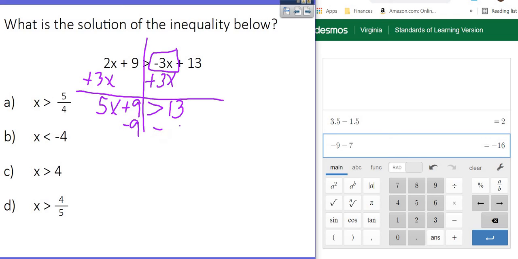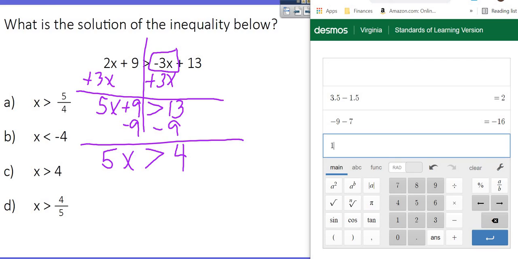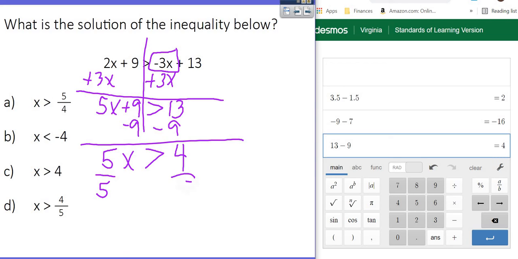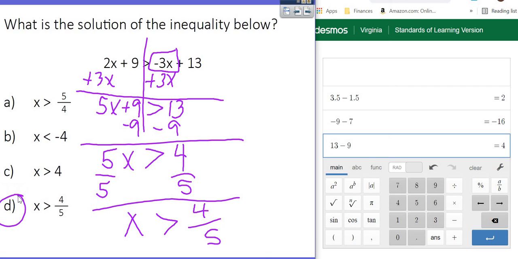We're going to move that 9 away by subtracting. We have 5x greater than 4. Again, use your calculator. 13 minus 9 gives you 4. Then we're going to divide each side by a positive 5, which means nothing is flipping. And you get x greater than 4 over 5, which is right here.